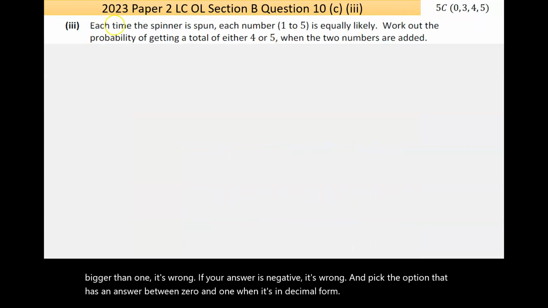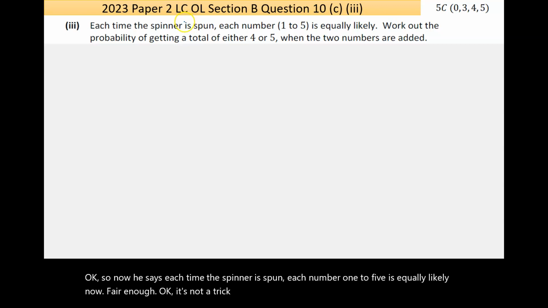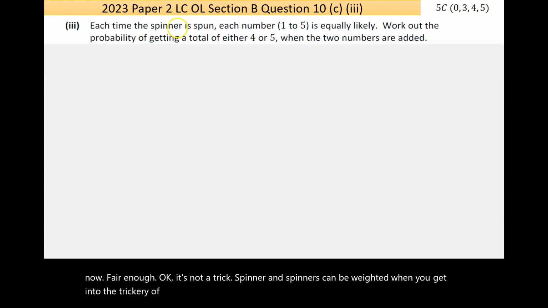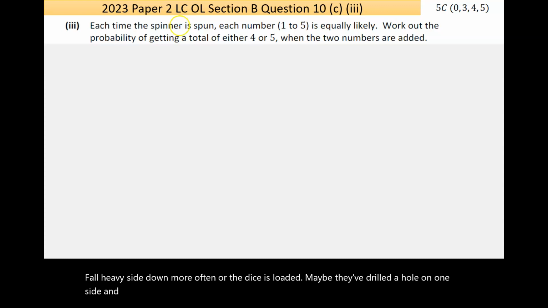Now he says each time the spinner is spun, each number 1 to 5 is equally likely. Fair enough. It's not a trick spinner, and spinners can be weighted. When you get into the trickery of probability, maybe you've bought one in a joke shop, like a weighted coin that will fall heavy side down more often, or the dice is loaded and maybe they've drilled a hole on one side and put heavier paint in to make it more likely to land heavy side down.